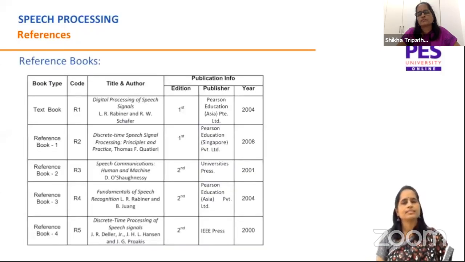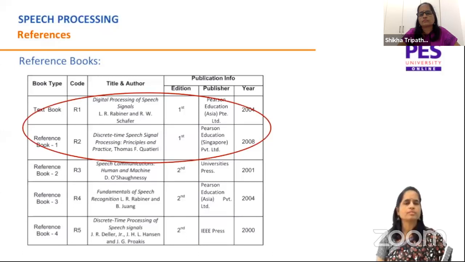So these are the various reference books that we will go through, that will be required to understand whatever I have told you till now. And out of these 5 books that are listed here, the first 2 books, the textbook by Rabiner and Schafer, again, these 2 authors are known to the signal processing fraternity and students. You must have studied Rabiner and Gold and the DSP textbook, which was by Oppenheim and then Schafer.